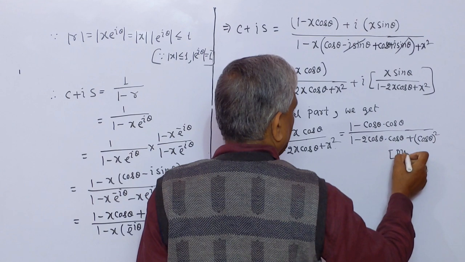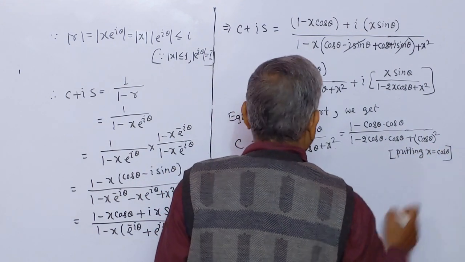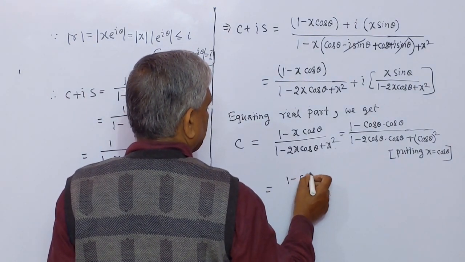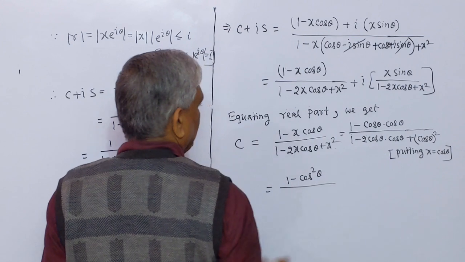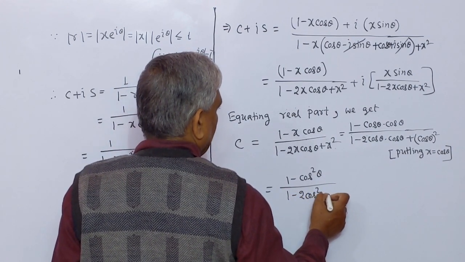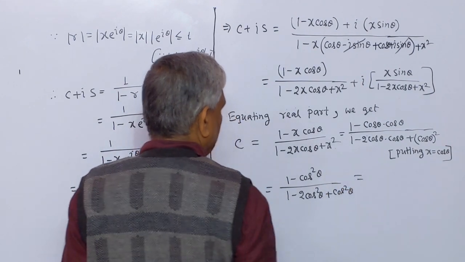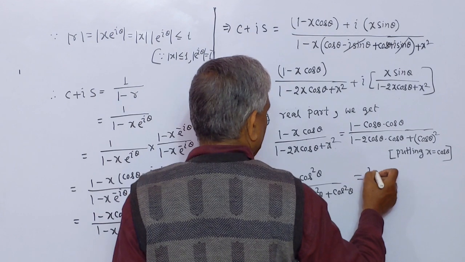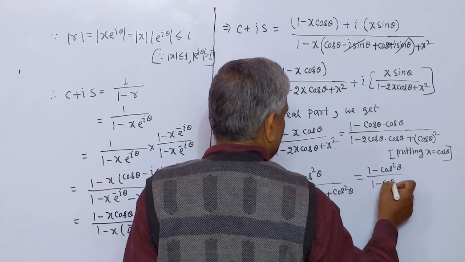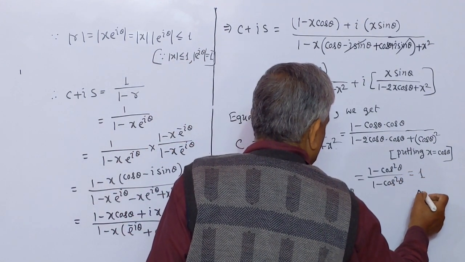This will be equal to 1 minus cos square theta by 1 minus 2 cos square theta plus cos square theta, and this will be equal to 1 minus cos square theta by 1 minus cos square theta equal to 1, which is the required answer.